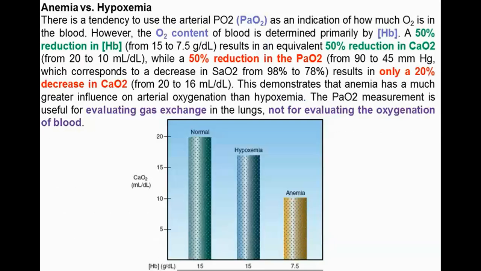What is more important, anemia versus hypoxemia? If we have two patients, and both of them have a 50% reduction, one in his PO2, the oxygen tension, which is the dissolved oxygen, where the equation is 0.003 times PaO2, the partial pressure of oxygen, or a 50% reduction in his hemoglobin.